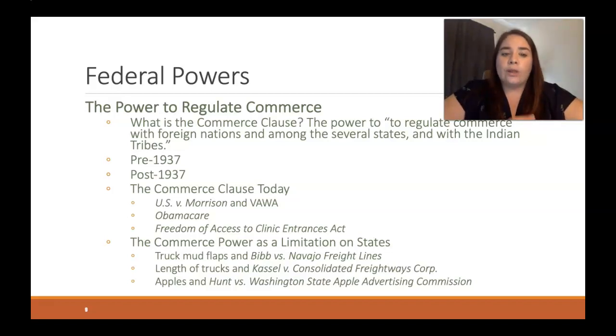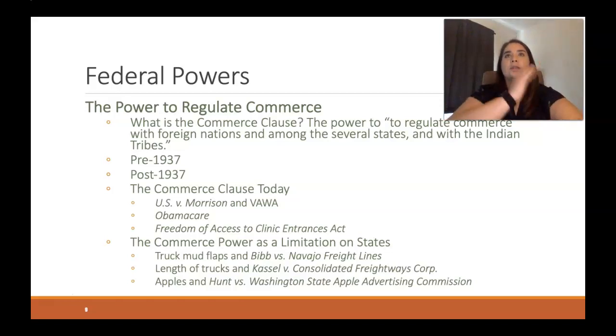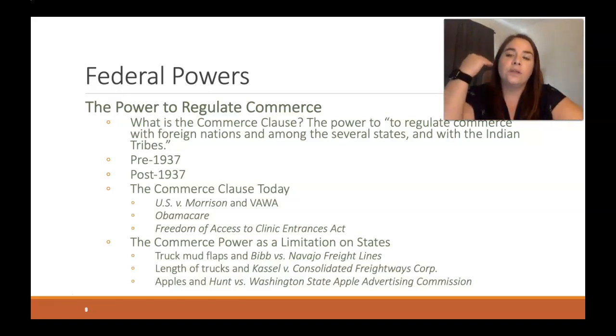But when we look at using the Commerce Clause as a shield, there are some really excellent cases out there that show you sometimes states focus on little stuff that can be detrimental to their development and can be detrimental to commerce. So, for example, Bibb versus Navajo Freight Lines.